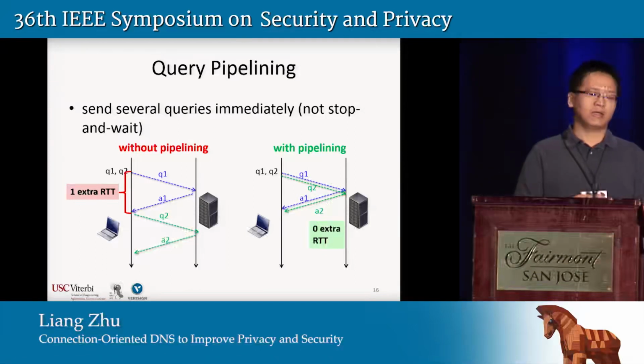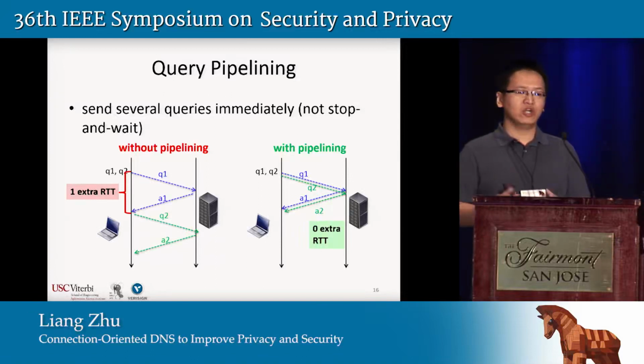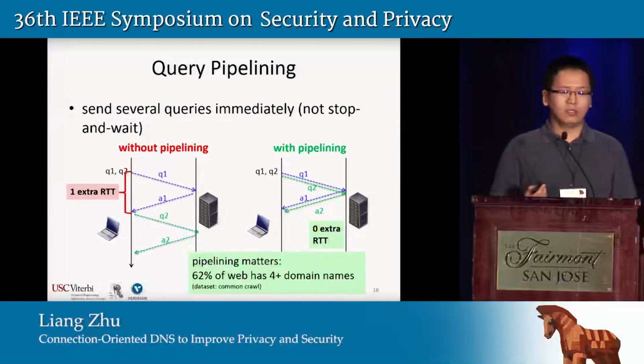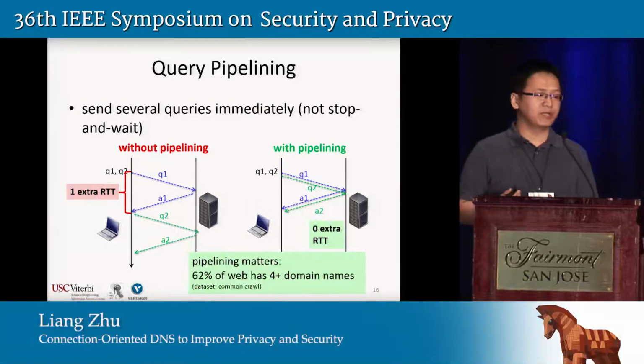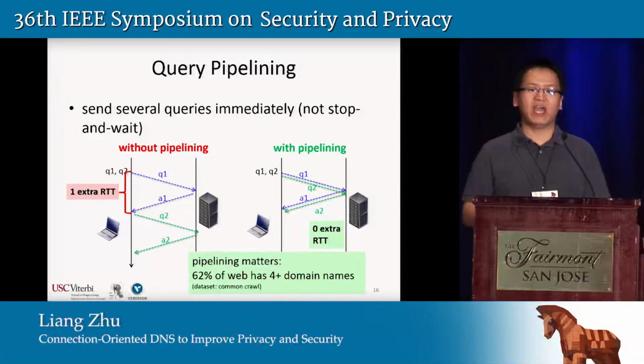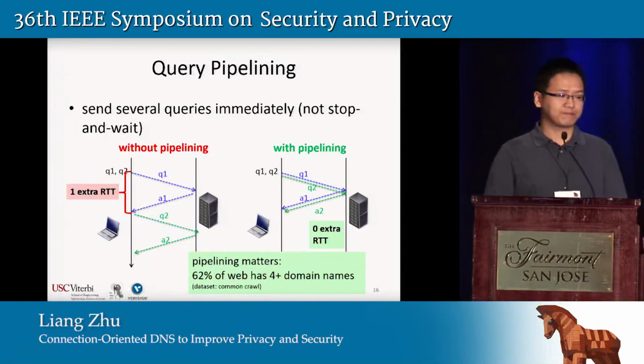Then the RTTs are overlapped, so we don't have extra RTTs. Query pipelining matters because most web pages currently have multiple names, so you often have to resolve multiple names at the same time.